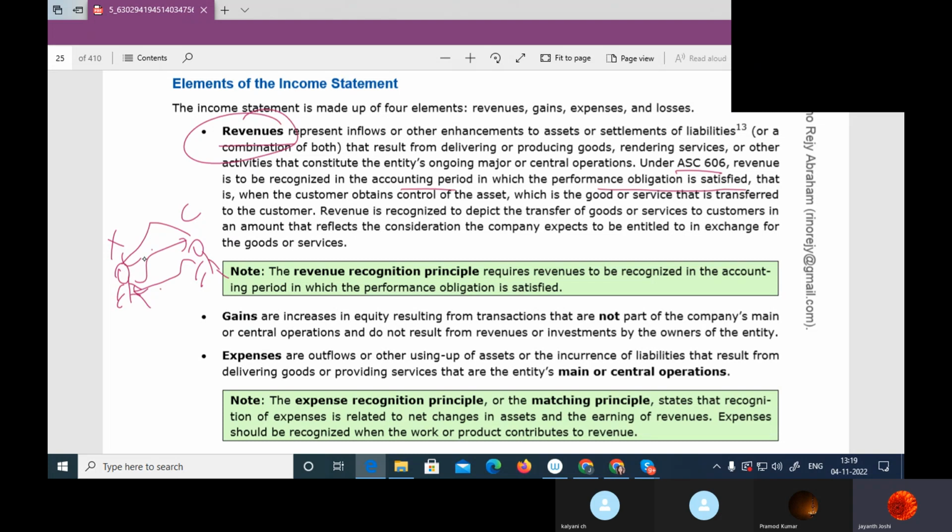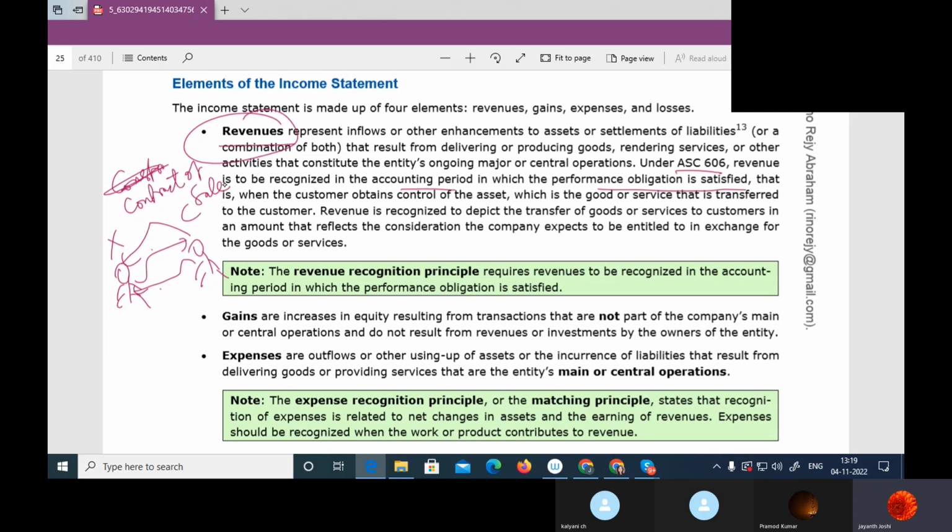So Mr. X will receive consideration for the goods he has delivered. Both of them are bound, so the contract between them is the contract of sale. One is delivering the goods, another is making the payment.